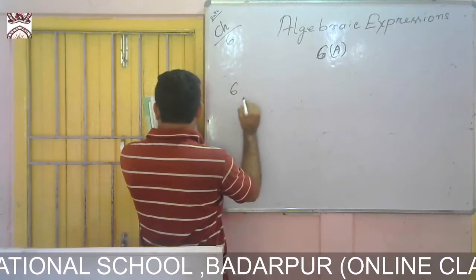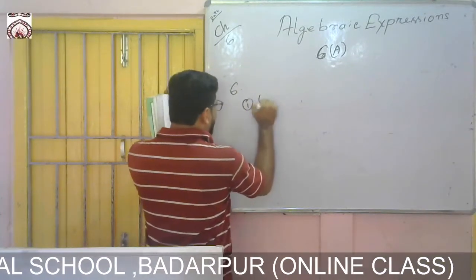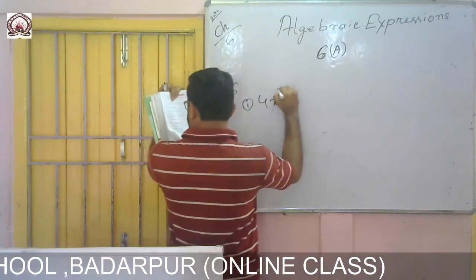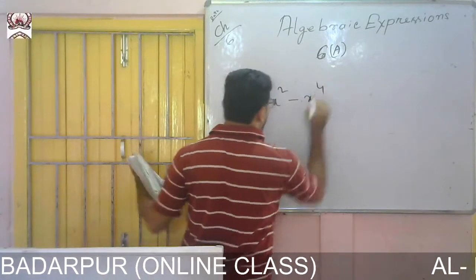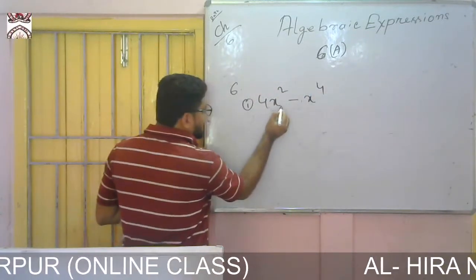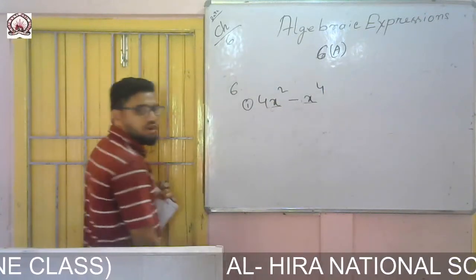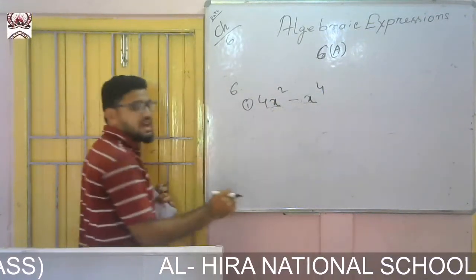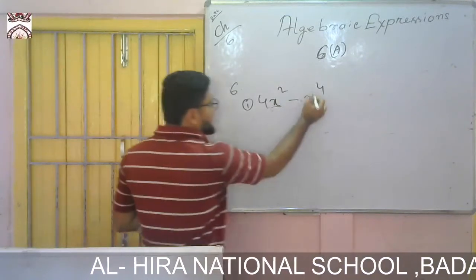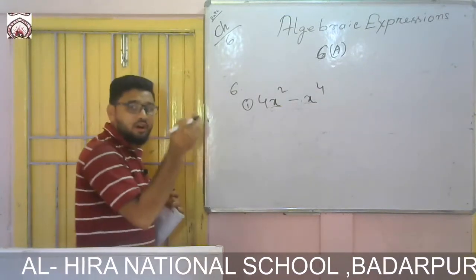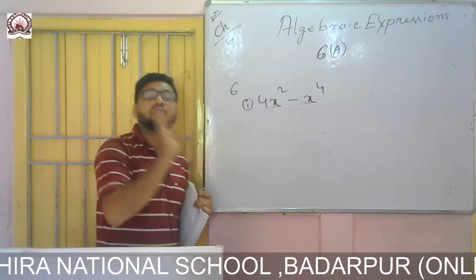Question number 6. Number 1: 4x square minus x to the power 4. This x square has power 2, and this x has power 4. So which variable has the highest power? This x to the power 4. So the degree of this polynomial will be 4.